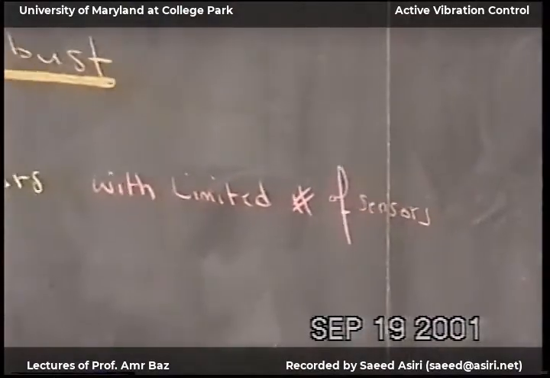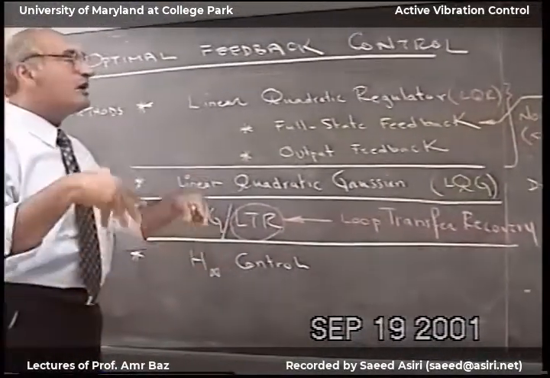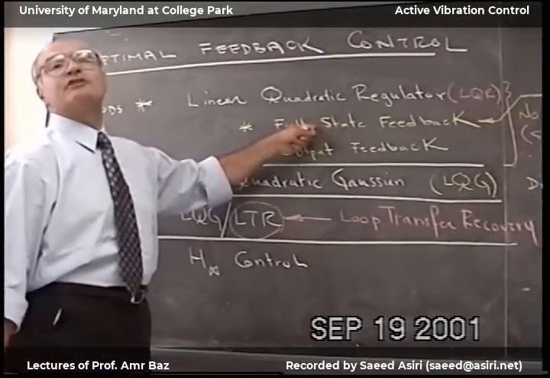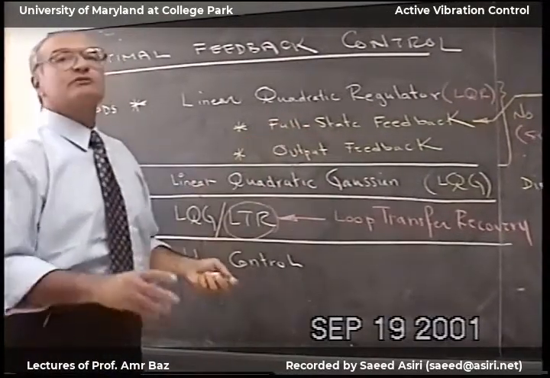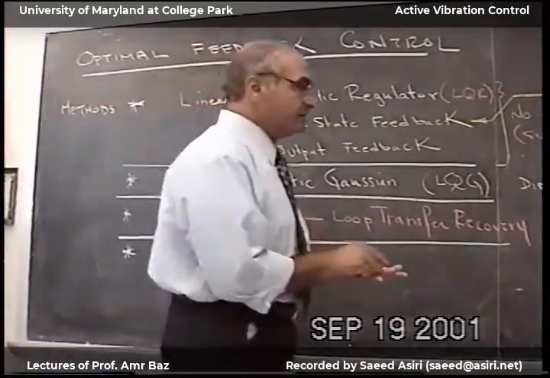Because we have a limited number of sensors, we try to copy the full state feedback. And to do this, we will use a Kalman filter along with it.